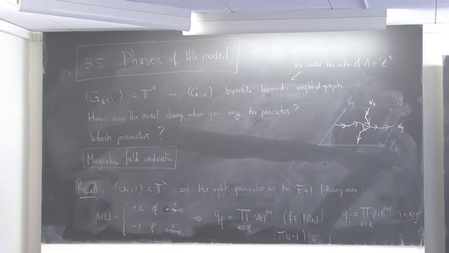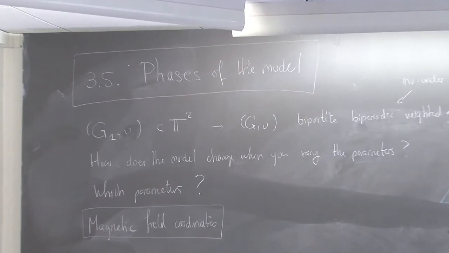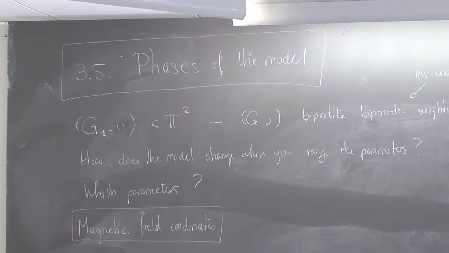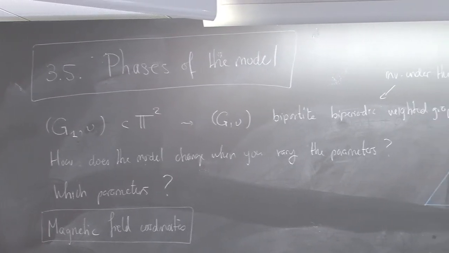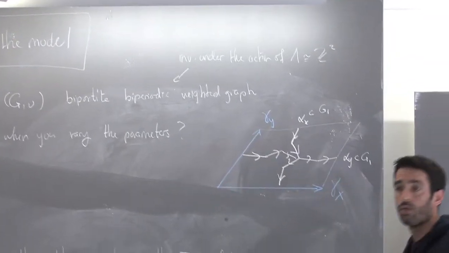So you remember this? These were things we did. Something weird? So these are two oriented cycles that lie on the graph.